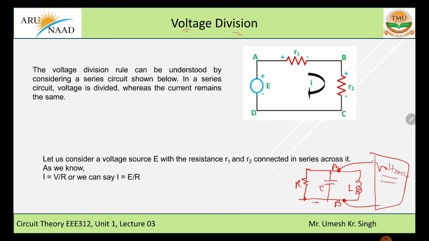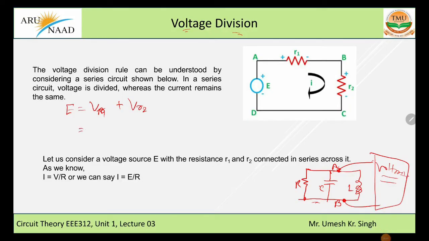So in this case, we can say that the total voltage is equal to the voltage across R1, the first resistance, plus the voltage across R2, that is the second resistance.